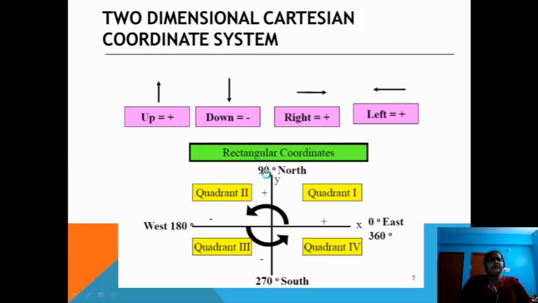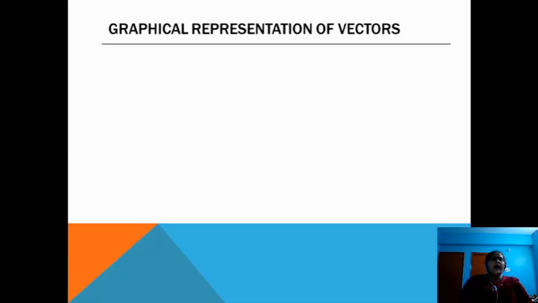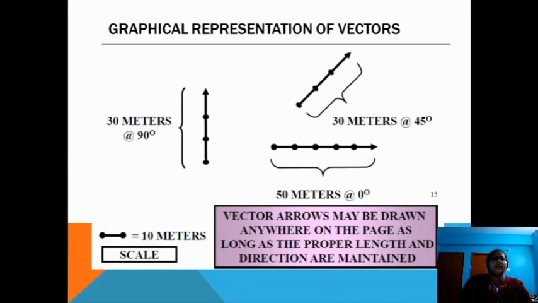For that, let us see some examples. As we have already said, vectors are represented by directed straight lines, as we can see here. In this example, this is a vector, a directed line whose length is 30 meters measured on a 10 meter scale, and the angle is 90 degrees. Why?